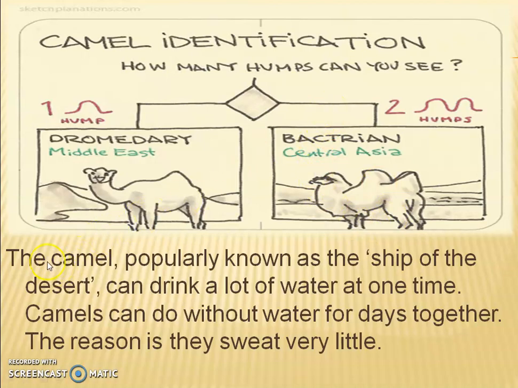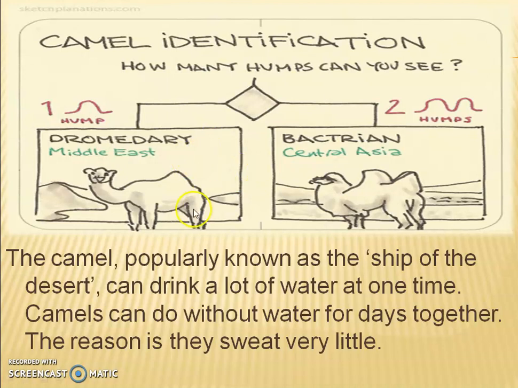Okay. So now we will see the camel, the ship of the desert, can drink a lot of water at one time, and camels can do without water for days together. The reason is they sweat very little, and when camels feel thirsty, they can drink 30 gallons of water, about 500 full glasses, in just 10 minutes.